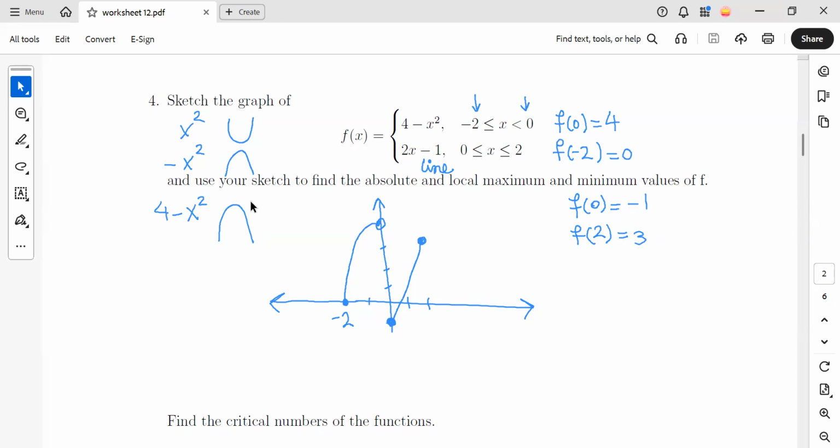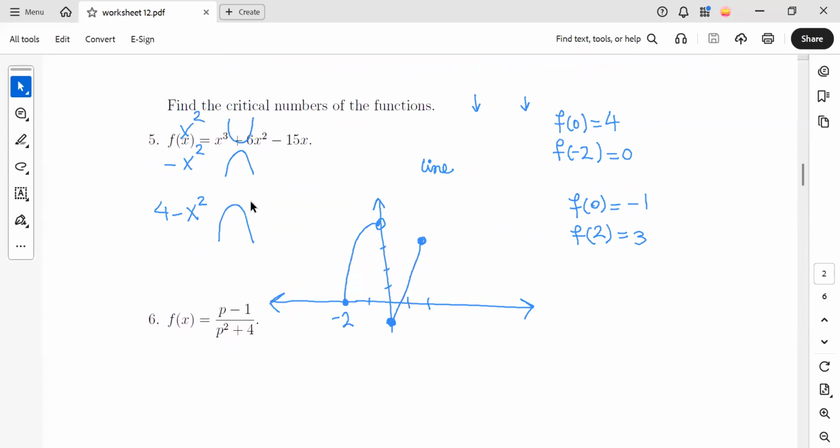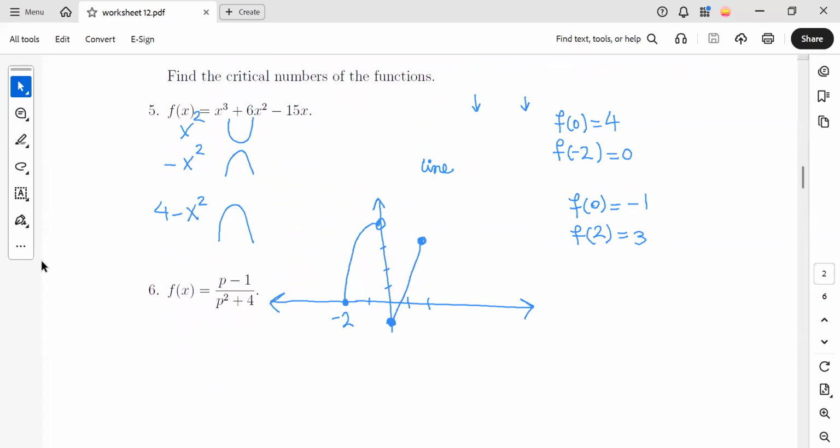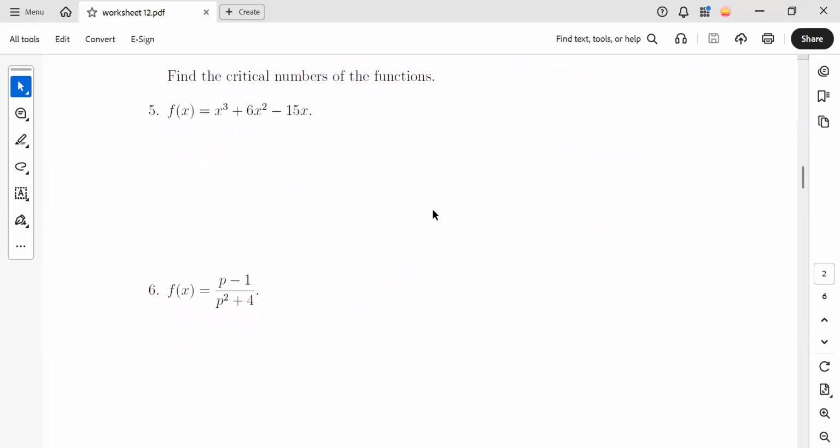Next one is about finding the critical numbers. Based on the definition of critical numbers, numbers that make the derivative 0 or undefined would be critical numbers. So first of all, we would find the derivative. It is 3x squared plus 12x minus 15 here.